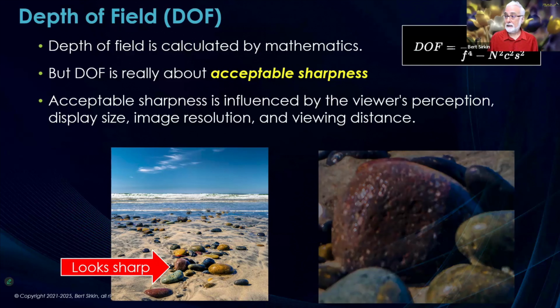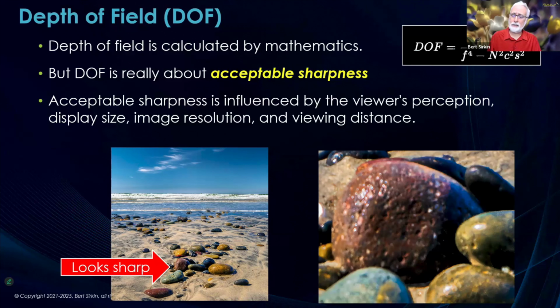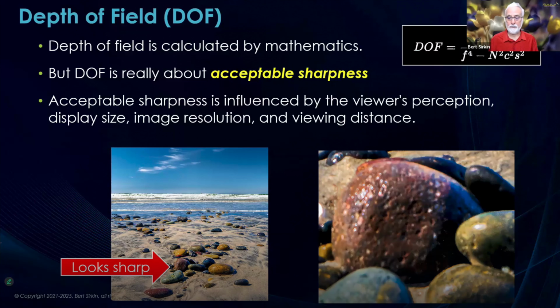But in reality, that rock isn't anywhere near sharp, not even close. It's completely out of focus. But yet, it looks sharp when the print is small, when the image is small. So we're talking about acceptable sharpness when we talk about depth of field. It's not an exact science by any stretch of the imagination.